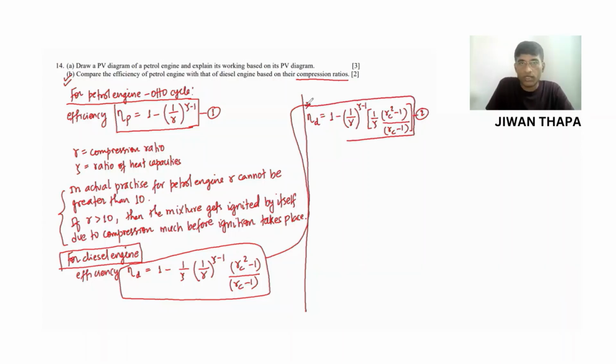So equation 1 gives the efficiency of the petrol engine or Otto cycle, whereas equation 2 gives the efficiency of the diesel engine.